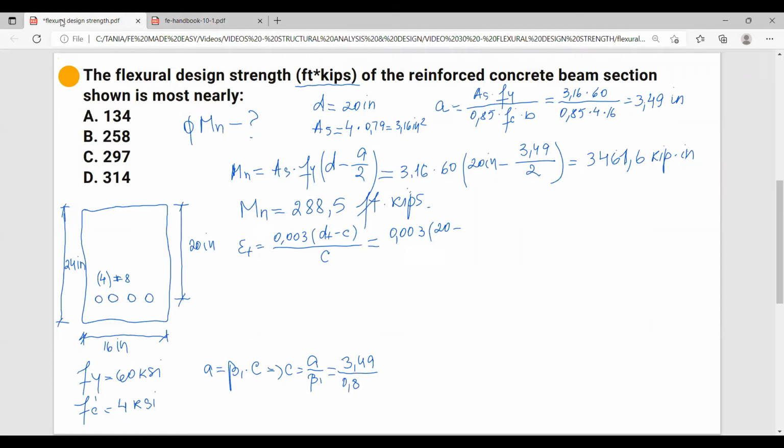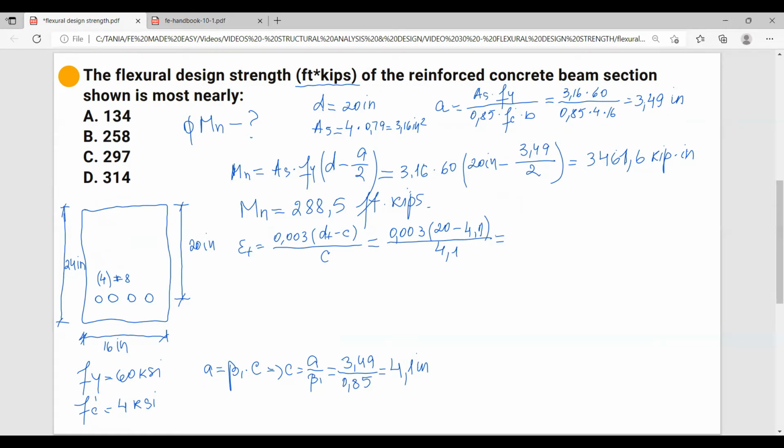So this is how we calculate c. c equals 4.1 inches. Let's substitute here in this equation: 0.003 times (20 minus 4.1) divided by 4.1.